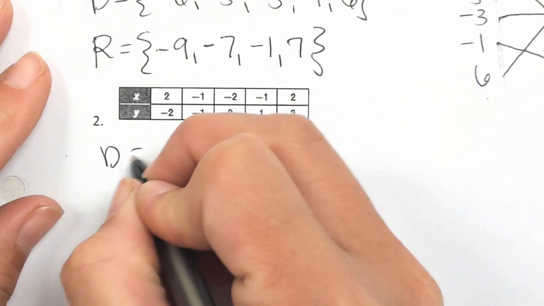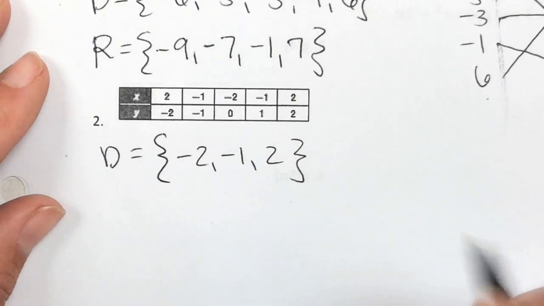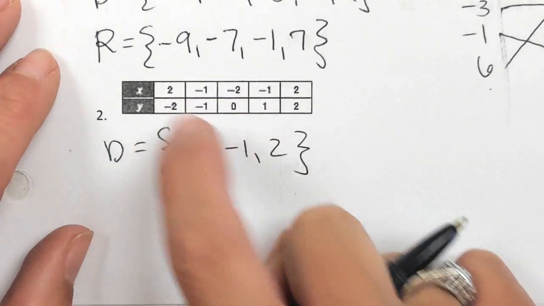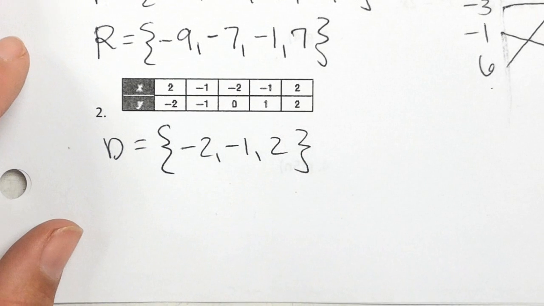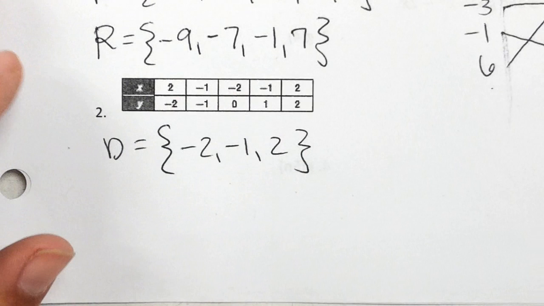Alright, next one. Somebody tell me the domain listed correctly. -2, -1. Good. We don't have to have repeating values. Smallest one up here is the -2, then -1, then 2.